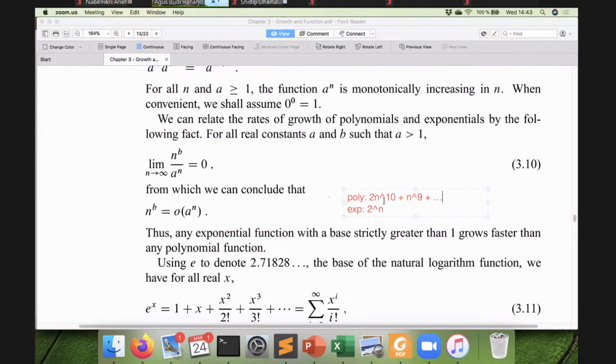Yes, it is for a less than 1, but if a is more than 1 and b is greater than 1, then the exponential is growing faster. So if you find out the complexity of exponential and polynomial, try to choose the polynomial first.